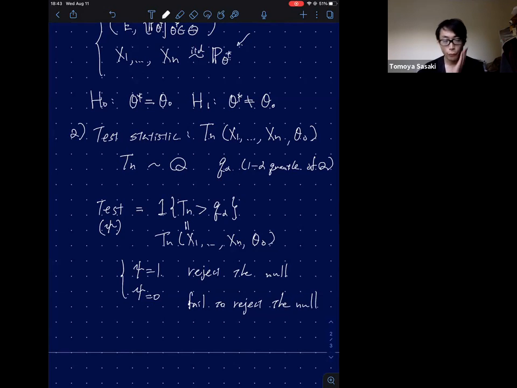So actually that's it for part A. It's very simple, but this question deals with the core concepts of hypothesis testing.